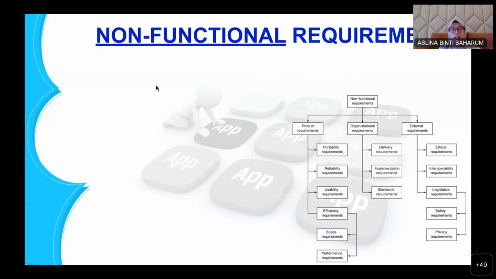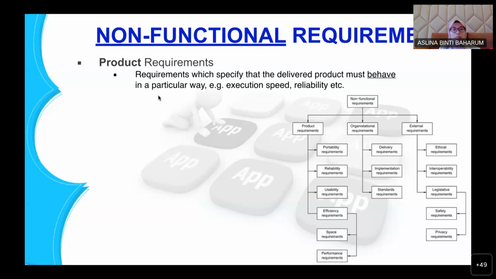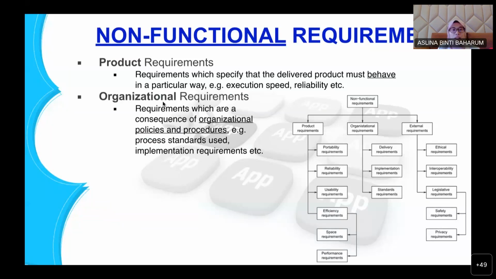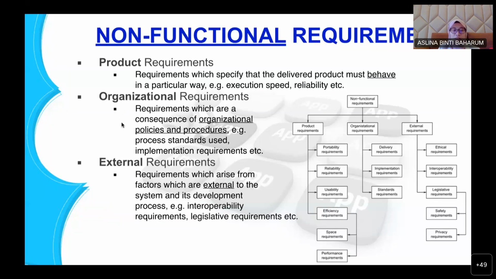Whereas for the non-functional requirement, we have the product requirement, which specifies that the delivered product must behave in a particular way, in terms of speed of execution and reliability. Organizational requirements may cover the policies or procedures of the organization. External requirements can be, like I said, government policies, interoperability requirements, legislative or tax requirements, which are more external, not from the organization.